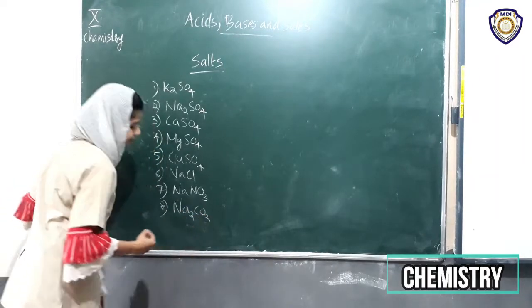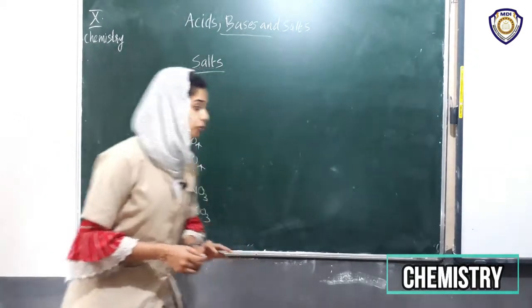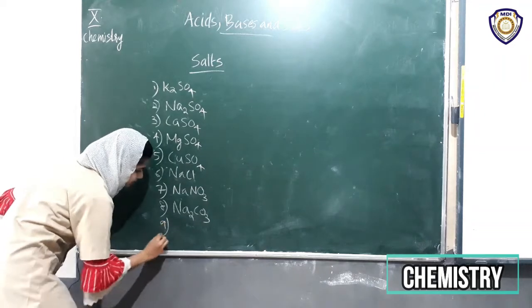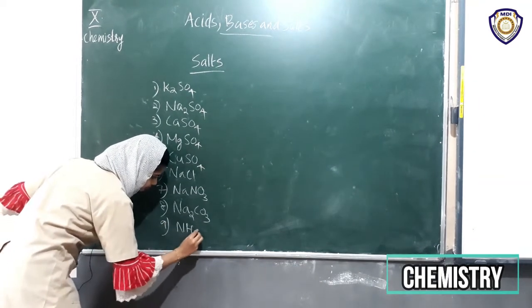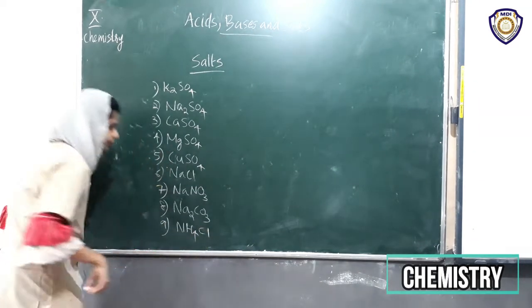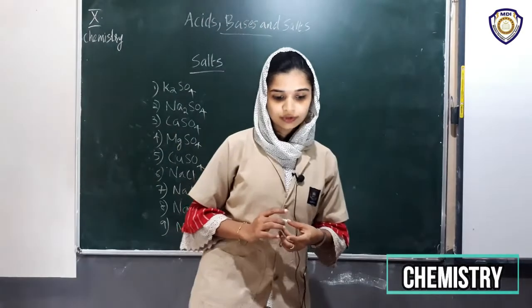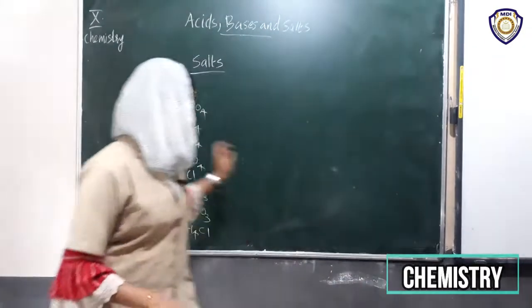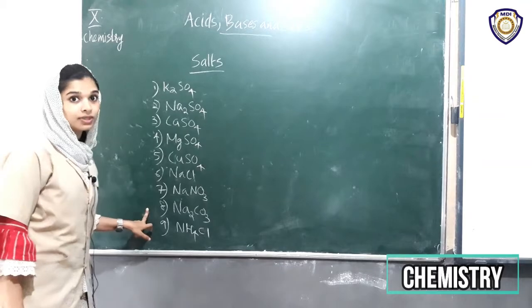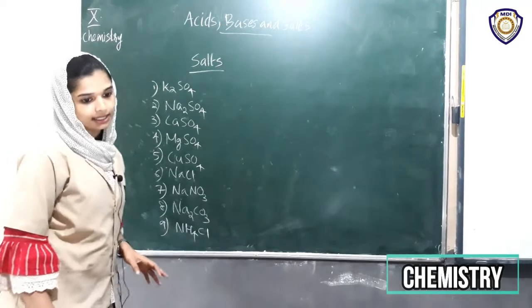Ammonium chloride is NH4Cl. These are the chemical formulas of salts. These are the different salts formed from acids and alkali.